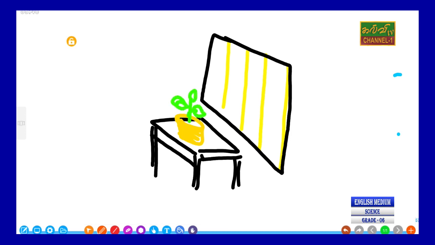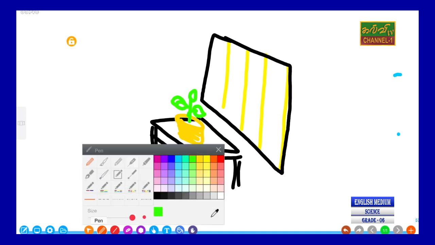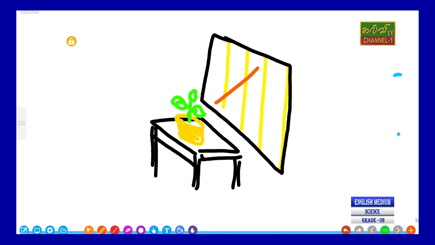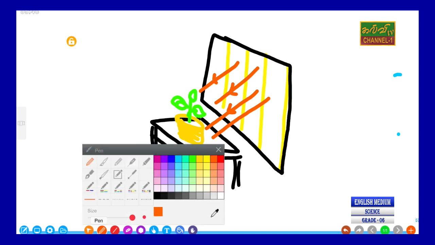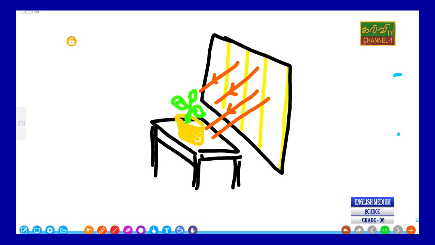Every day they observe it, because light is coming through the window. Day by day when they observe, what happened? The plant goes in the direction of sunlight, most of the leaves, and the plant shows that movement towards sunlight, because the sunlight is coming through the window.